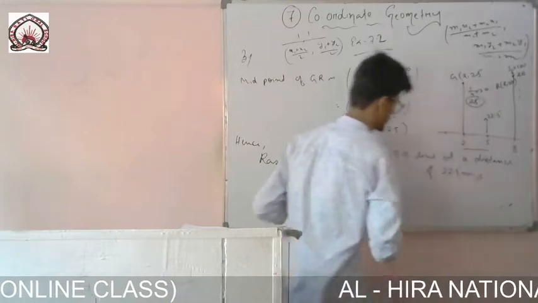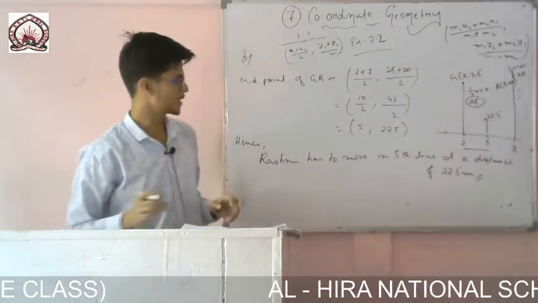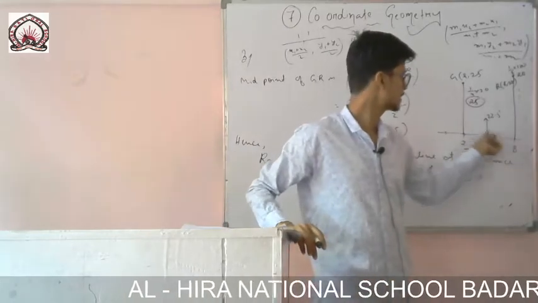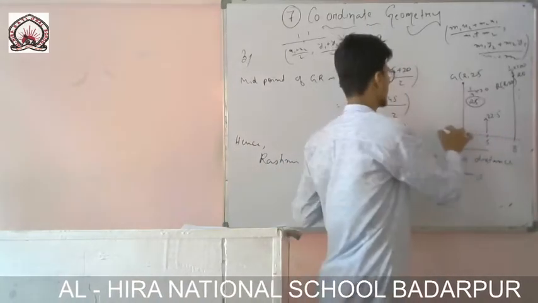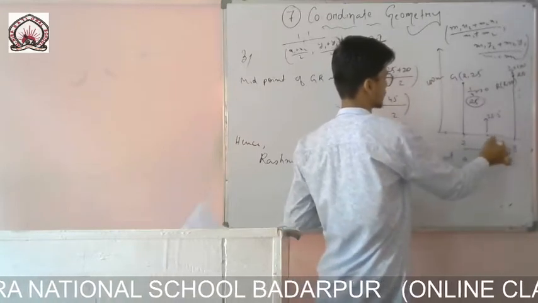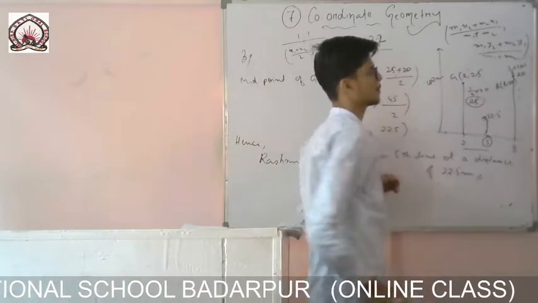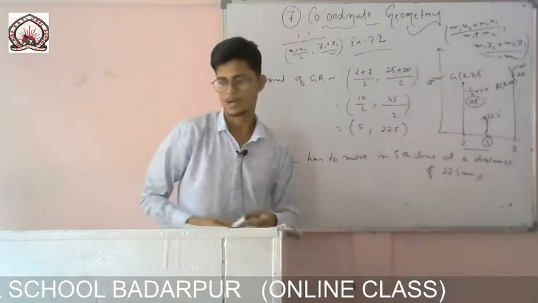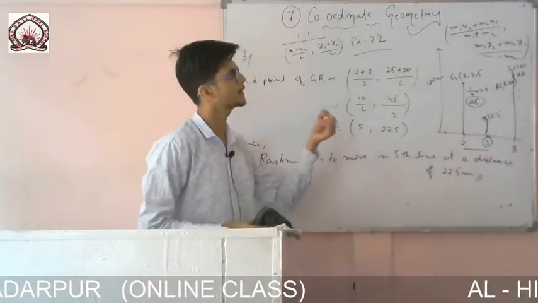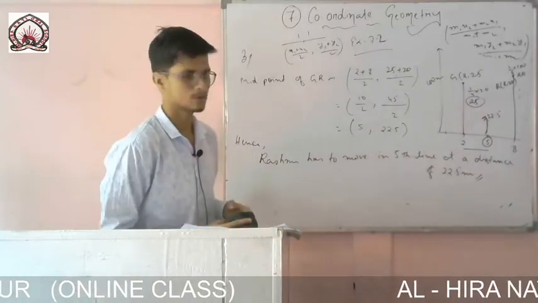You write it like this. So hence Rashmi has to move in the 5th line, because the coordinate is 5, and these are the lines, and then it is said that the total line is of 100 meters. So first of all she has to move to the 5th, and then she has to go upward, that means up at a distance of 22.5. Then the point will be at the middle of these two lines, which will be dividing equally.